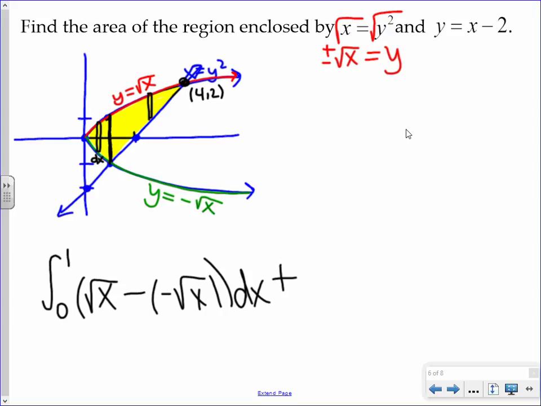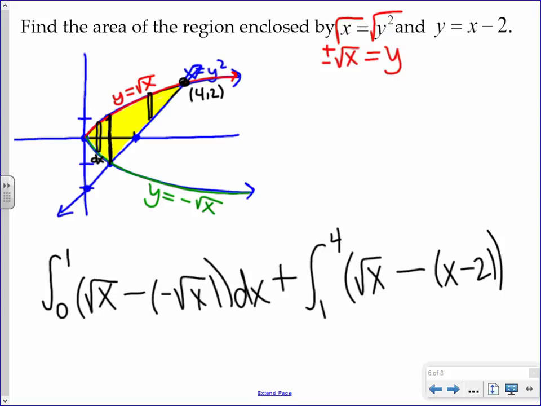All right? So then we're going to add the integral from 1 to 4 of our top function, which is still radical x, but now our bottom function is that blue line, x minus 2. Notice how I put x minus 2 in parentheses because we're subtracting the entire quantity of x minus 2.